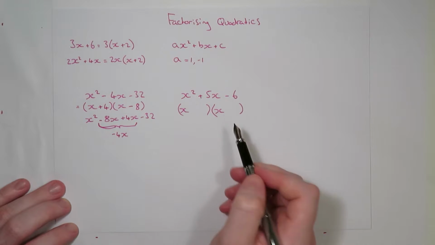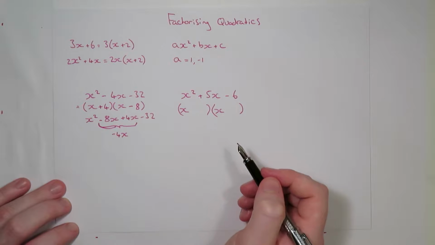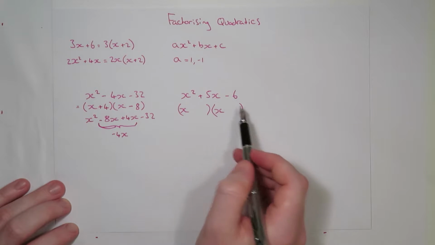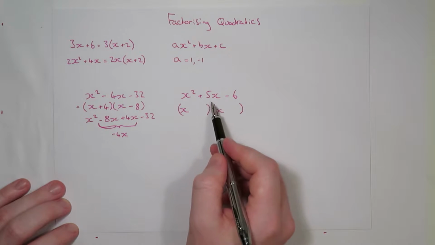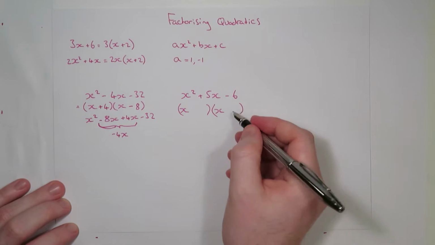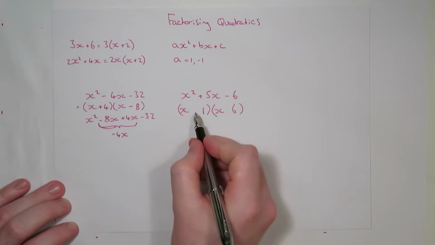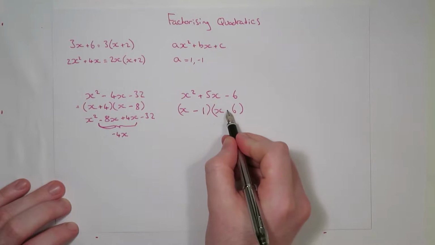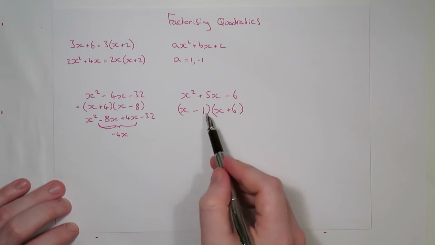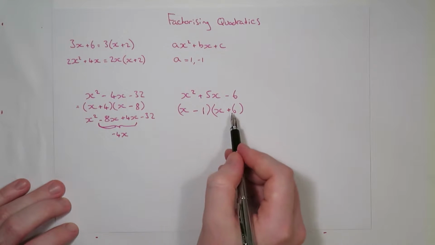So factors of 6: 1 and 6, 2 and 3. So you need to think of a way now that they can add together to give you positive 5. So I think 6 and 1, well, if we have the 1 being negative and the 6 being positive, negative 1 times positive 6 will give you negative 6.